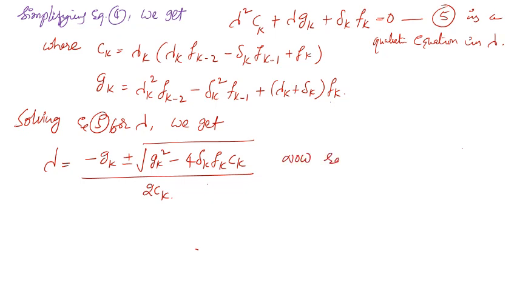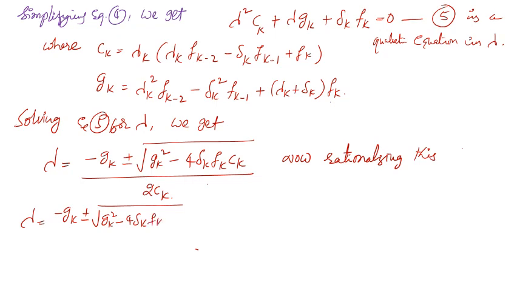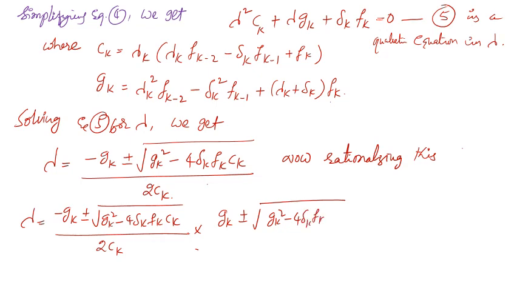Now rationalizing this means lambda = (-g_k ± sqrt(g_k^2 - 4 delta_k f_k c_k))/(2c_k) multiplied by (g_k ± sqrt(g_k^2 - 4 delta_k f_k c_k)) divided by the same.